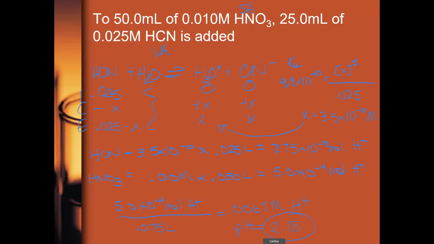Now, if you notice, the number of moles of hydrogen did not change when you added them together. So whenever you have a strong acid and a weak acid, you are always going to base the pH off of the strong acid or strong base whenever you are combining a strong and a weak.